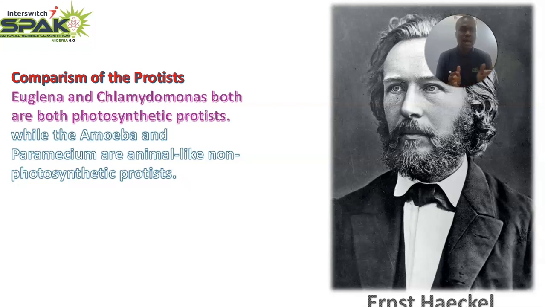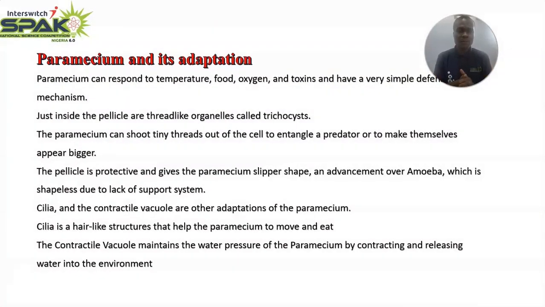And amoeba and paramecium are animal-like, meaning that they are non-photosynthetic. They cannot carry out photosynthesis. So we have Euglena and Chlamydomonas showing plant features. They also have a part that can make them respond to light, but they can carry out photosynthesis. Then we have paramecium and amoeba, both of which are non-photosynthetic.